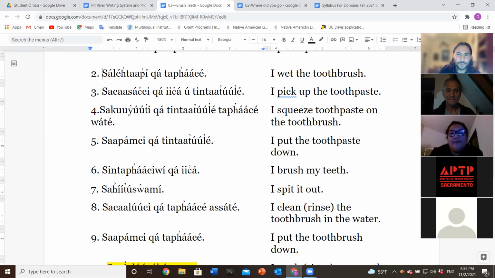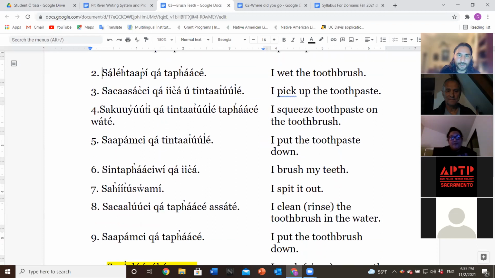Okay, number 2. Number one was I pick up the toothbrush. Here we have I wet the toothbrush. Saleh da pi ga da pa je. I don't do it perfectly either. Okay, Louise, here we go. Saleh da pi ga da pa je.